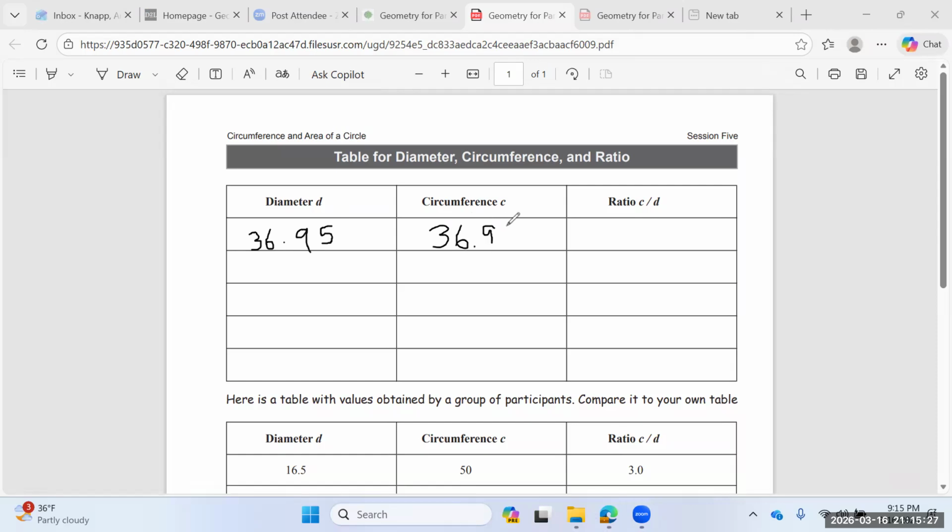Diameter is the distance across. Okay, so now if we measure the distance across in centimeters again, I'm getting 11.8 centimeters.